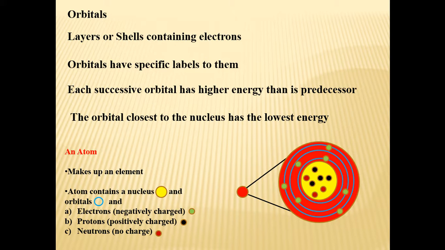This is not for any specific atom or element. It's a generic atom that I don't even think you can ever make an element out of. I think they purposefully made it that way so students don't always relate it to this. As you see, there is a nucleus containing protons and neutrons, and the electrons are in the orbitals circling around the nucleus.